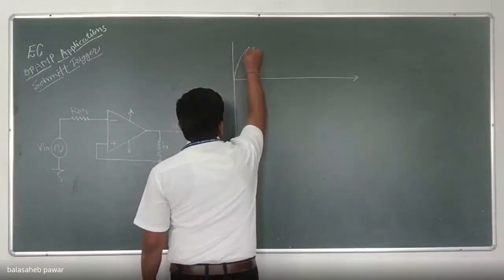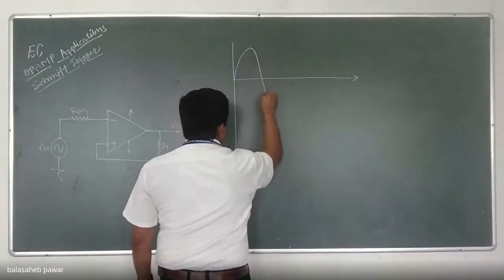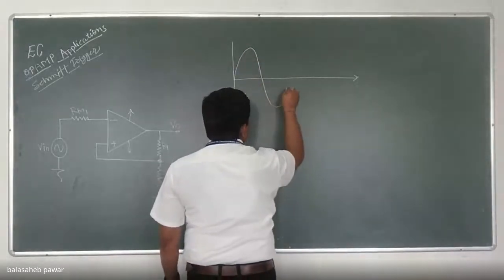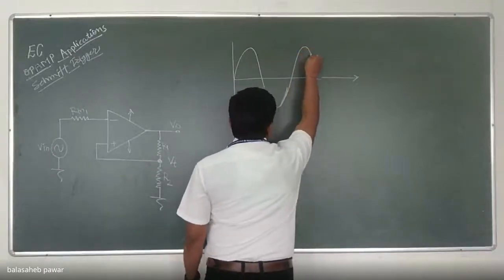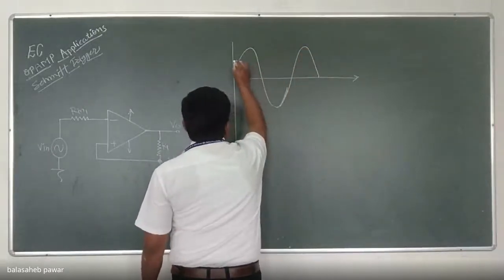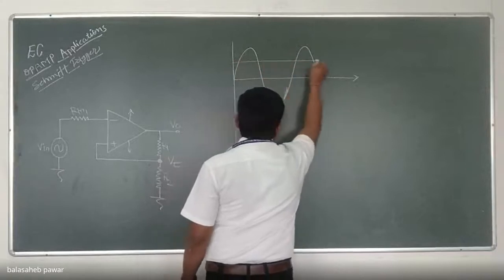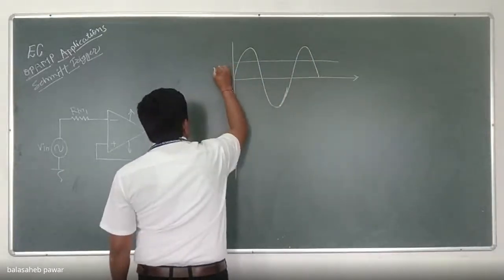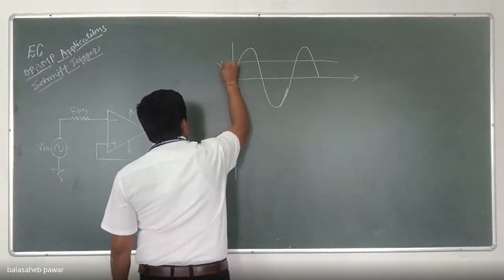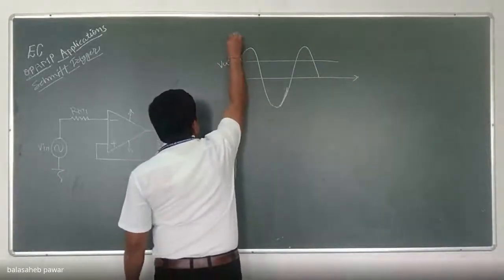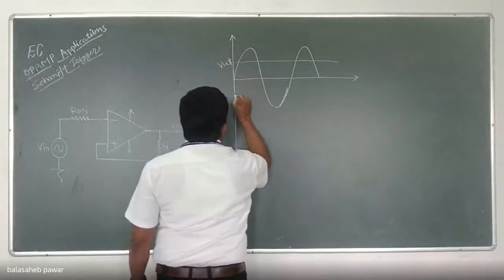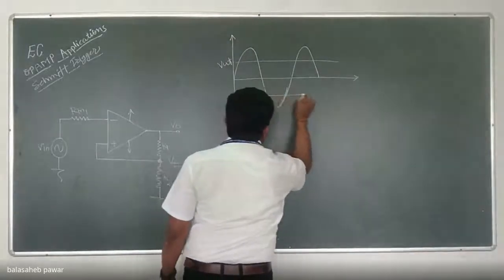Okay. So I will consider this one as my input signal, a sinusoidal. I will show plus Vt over here. This is nothing but VUT, upper threshold voltage. And VLT over here.